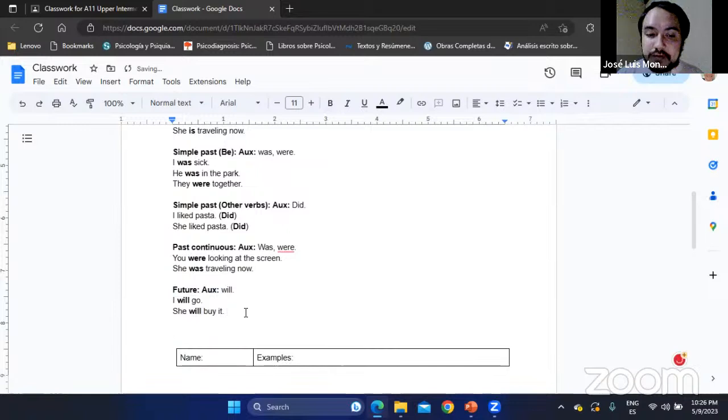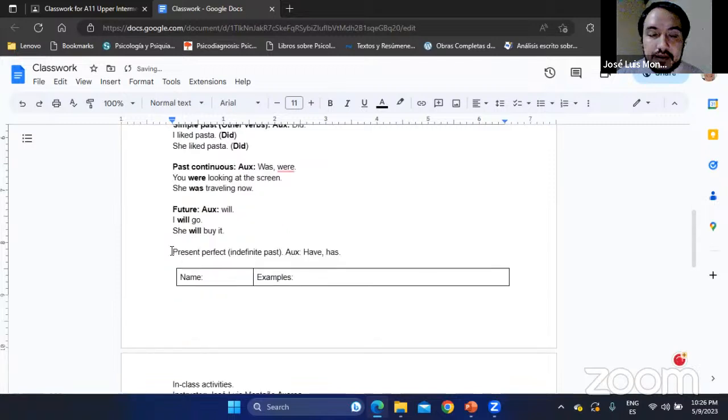In present perfect, okay, remember this is indefinite past. In this case, the auxiliaries are have and has. And again, this is not present, remember, this is past. This is just the name of a past tense.